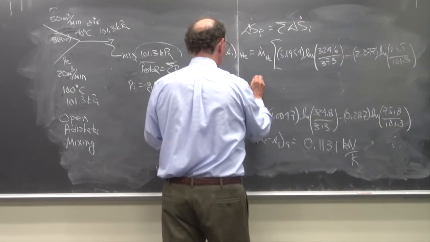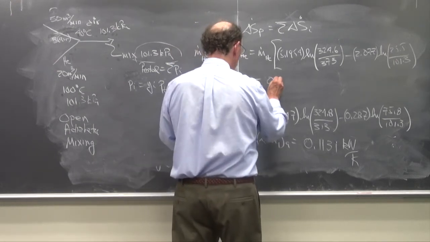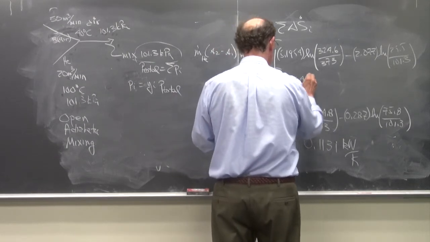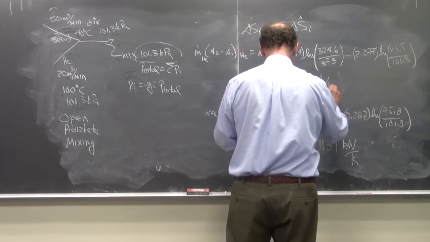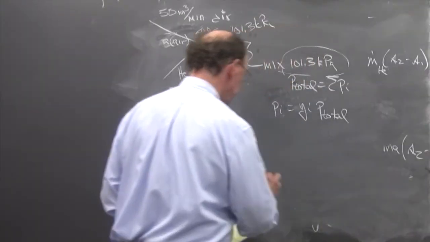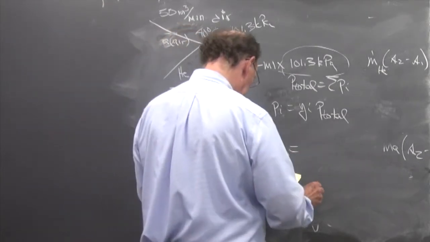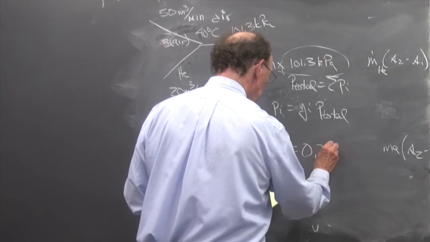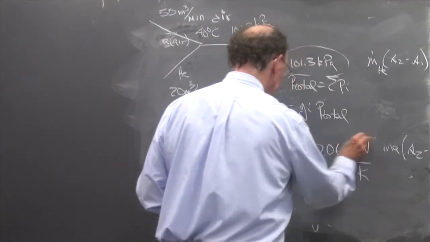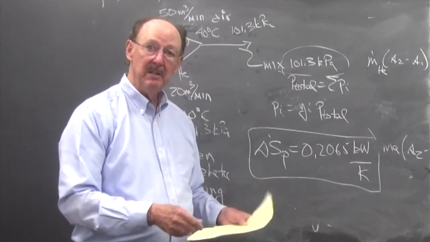And here I'll get this value equal to 0.0934 kilowatts per degree K. If I add those together, the entropy production is going to be equal to 0.2065 kilowatts per degree K. So this gives us the entropy production for this process.